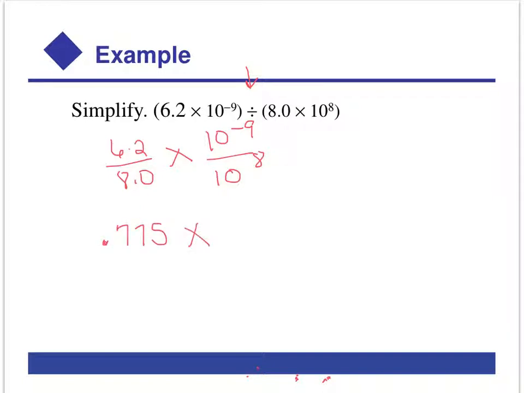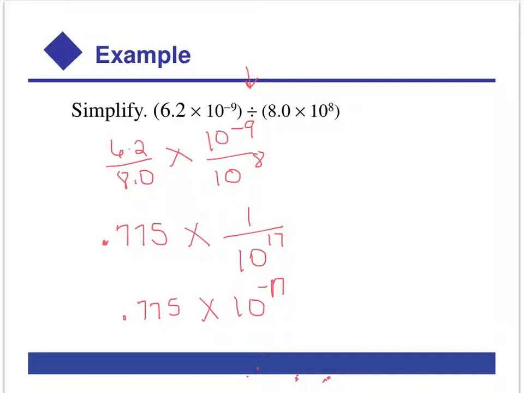And remember, you take the smallest to the largest and subtract. If you do that, that's going to give us 1 over 10 to the 17th. But when you're dealing with scientific notation, it's okay to have that negative exponent, so this is what you really want to have, 10 to the negative 17th.